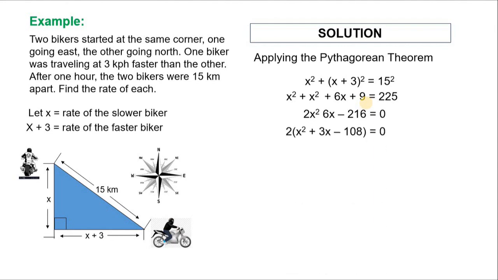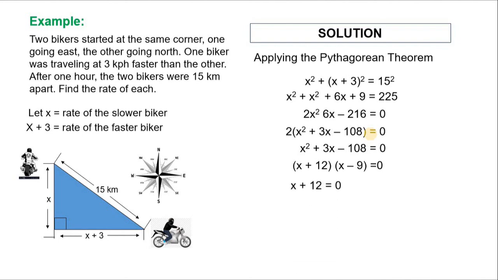These terms have a common factor which is 2, so we factor out 2. That's 2 times x squared plus 3x minus 108 equals 0. And we're going to solve that by factoring. So we have x plus 12 and x minus 9 equals 0.